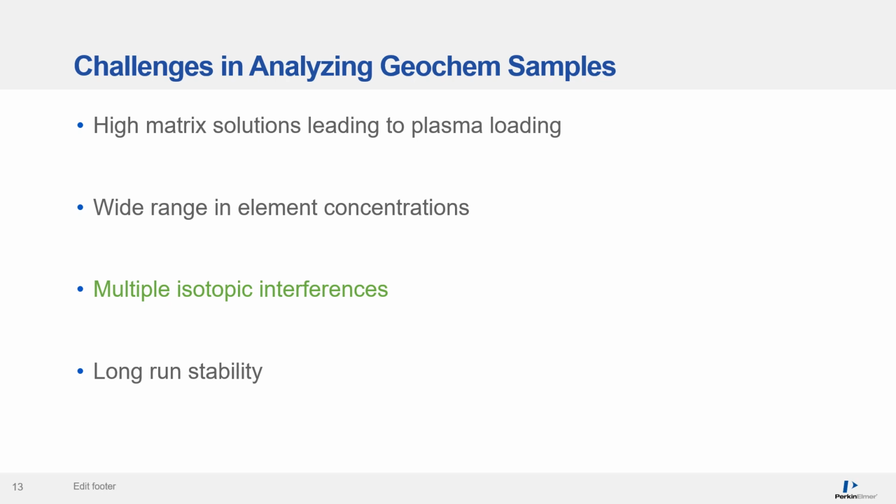So the next common challenge that we would see in analyzing geochemical samples is that you can often have multiple isotopic interferences for a given mass. So there are always isobaric as well as isotopic interferences on many elements.